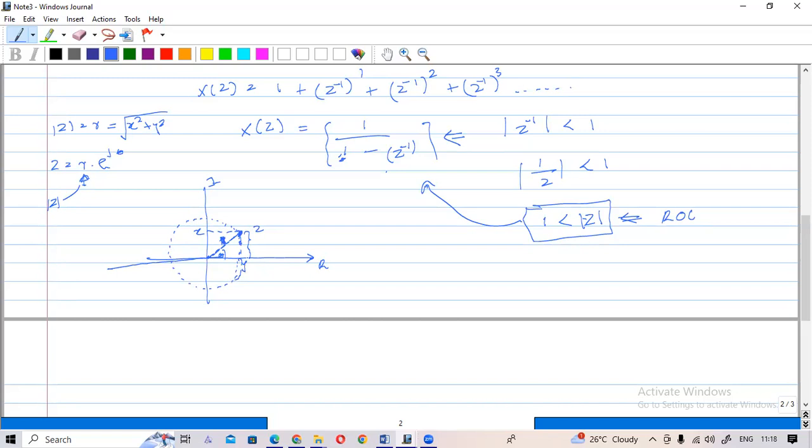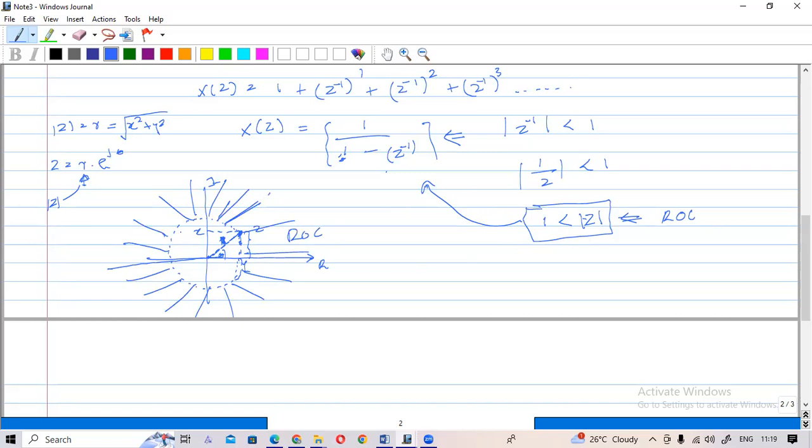For any complex value on this circle, the magnitude is 1. So the magnitude should be greater than 1, which means these values, excluded from this circle. So these values are the ROC of this case.